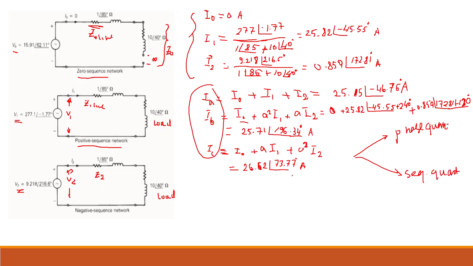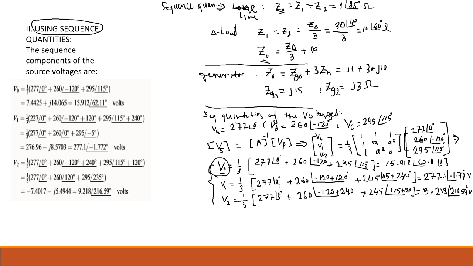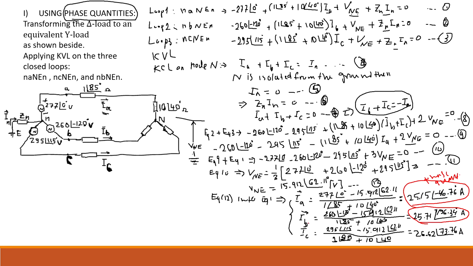When we use the phase quantities, we have three equations, by which we can find IA, IB and IC.